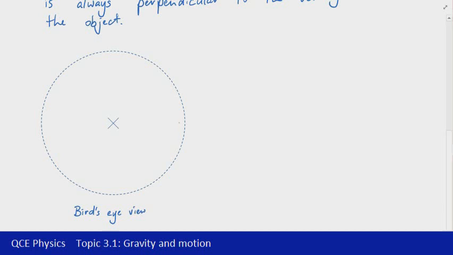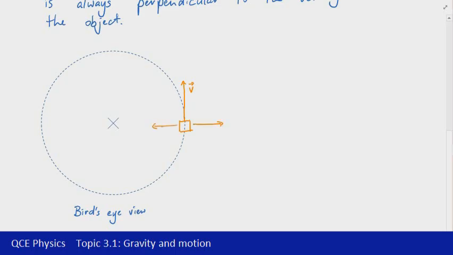If we start out with the object on this side, its velocity is going to be in this direction. Velocity is speed in a given direction, so the length of the arrow represents the speed, and the direction of the arrow represents the direction of the velocity. We can consider then the force that's acting on this. We know that the force has to be perpendicular to the velocity, given that it's uniform circular motion. That means that it could either be out that way or that way.